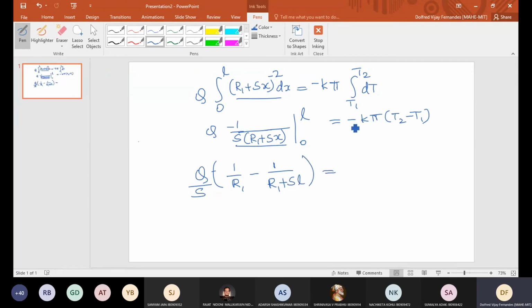On the right hand side, I can write this as K pi (T1 minus T2). Simplify this by taking a common denominator, R1 into (R1 plus SL). So you can write this as Q by S equals (R1 plus SL minus R1) over R1 into (R1 plus SL).